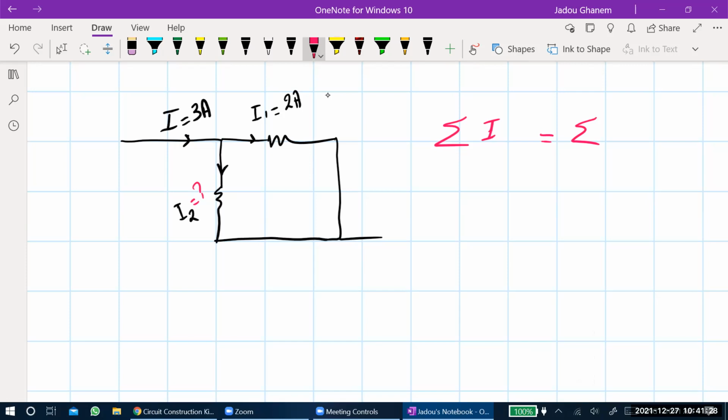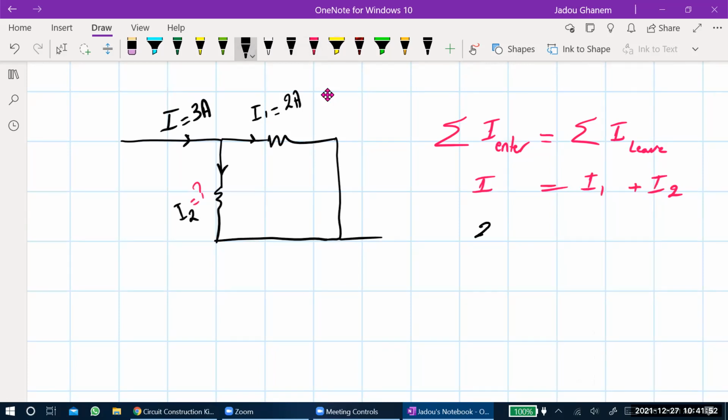It's the sum of the currents entering equals the ones leaving. So the entering current is I, and the leaving current is I1 plus I2. Now we can substitute the values.